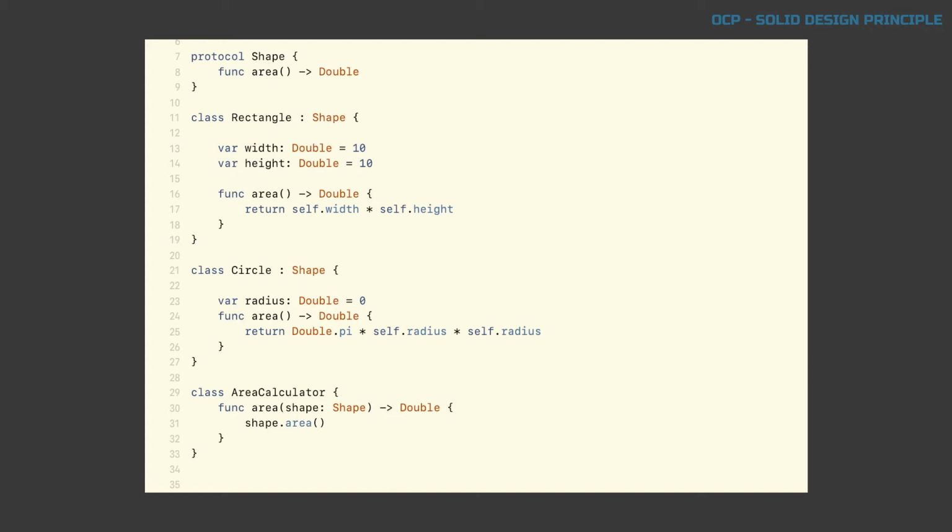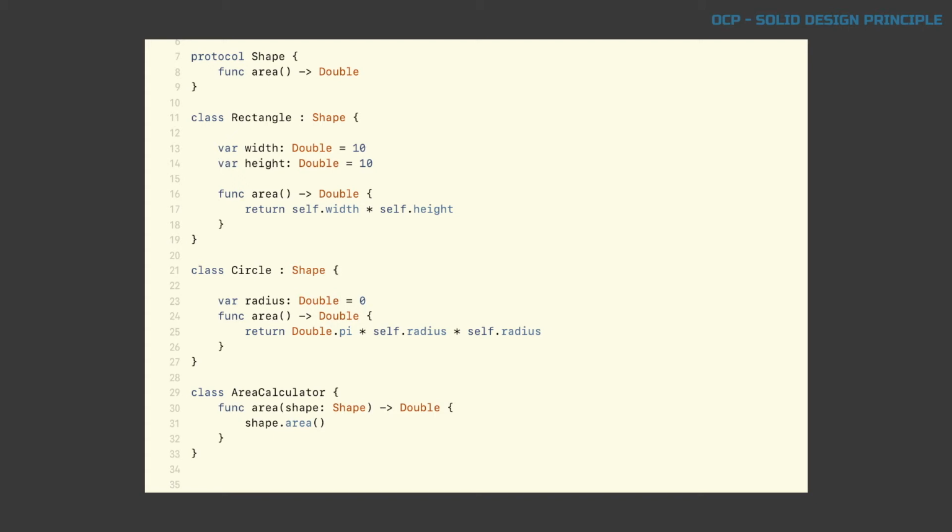So we understood the problem. The area calculator class kept on adding multiple functionalities, or it had to identify the shape and then work on it. So we were changing the core class. How can we now avoid this using interfaces, which are called protocols?